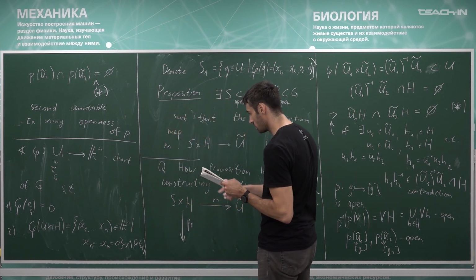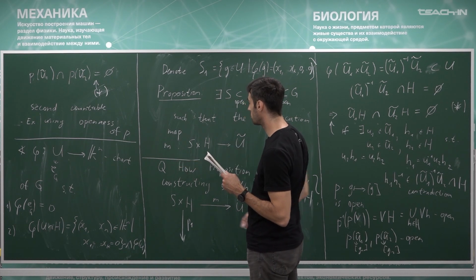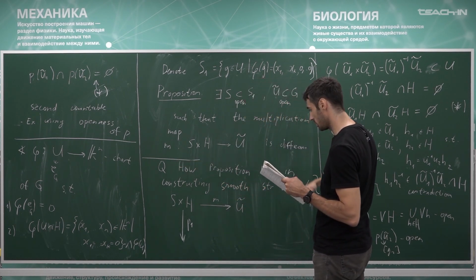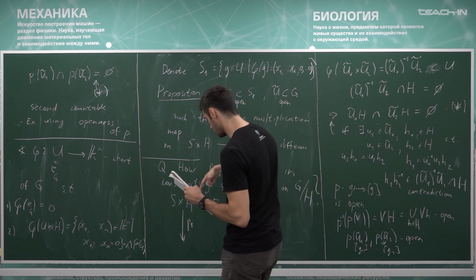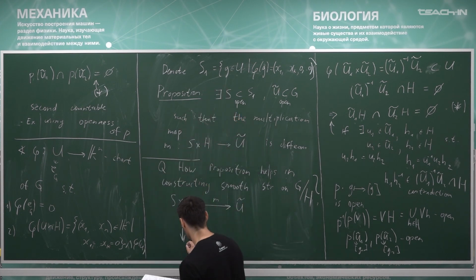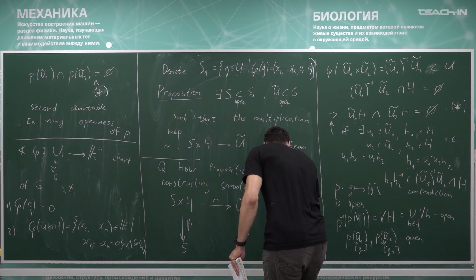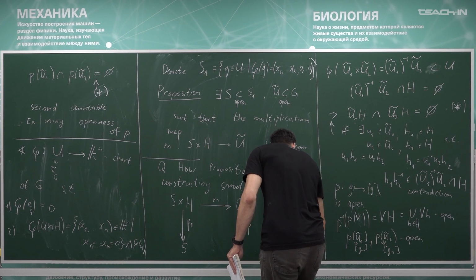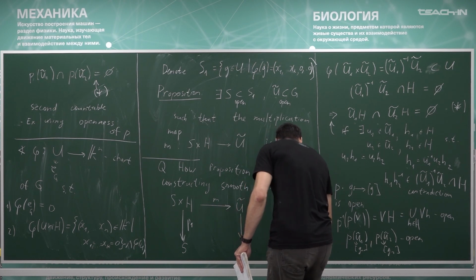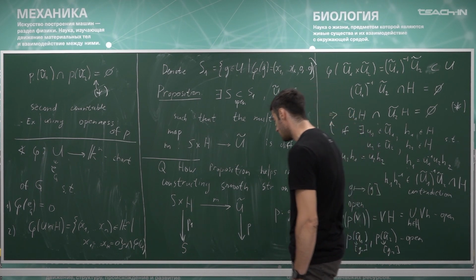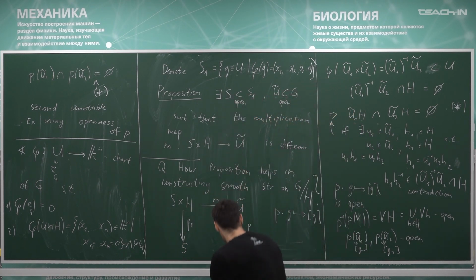So this is not the P that we used, which is the quotient from G to G over H. This is just the projection to the first coordinate. And then here I take P. So P is our projection, which takes g and gives me the class of g, and it maps to P of U tilde.